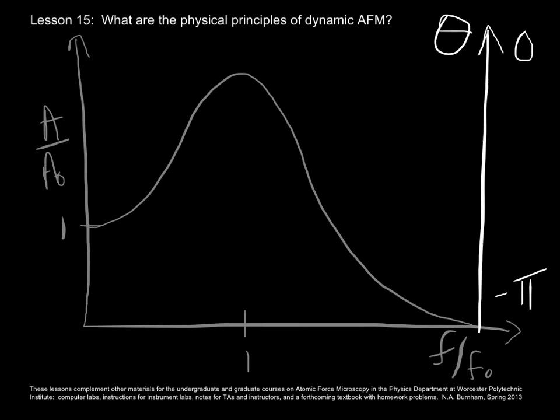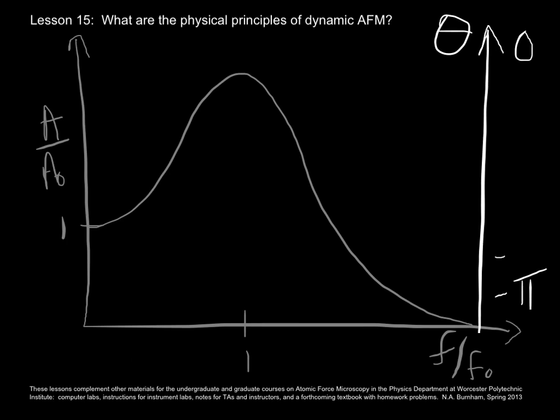Let's return to our amplitude frequency plot. And now I've added a secondary axis on the right for the phase angle. Zero phase means the excitation and response are moving in the same direction at the same time. Minus pi, out of phase, means that excitation and response are moving in opposite directions.